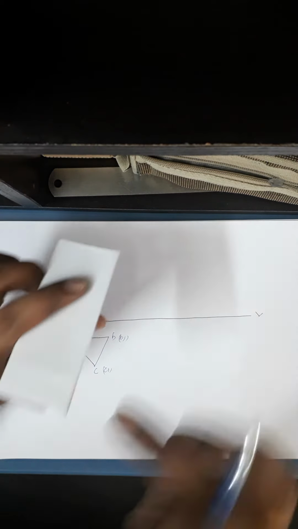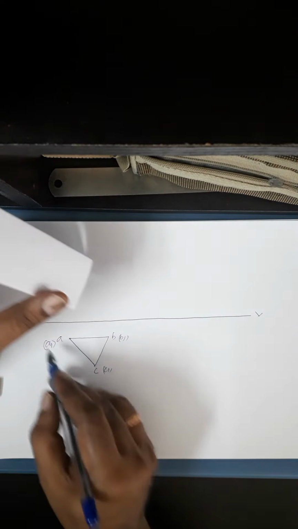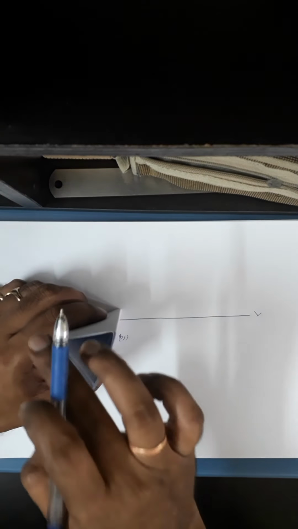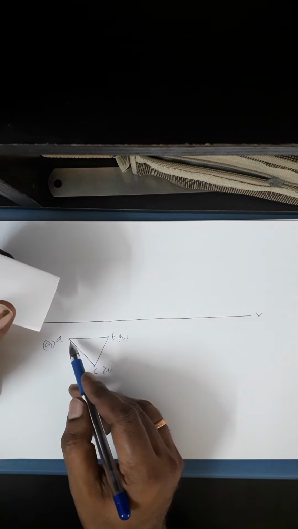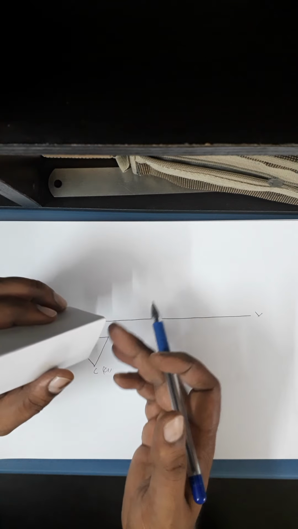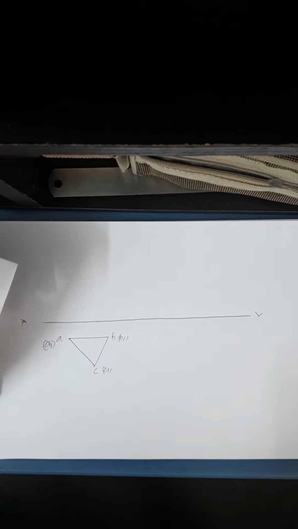Both will be overlapping, so the one on top, which is visible, I have marked without brackets, whereas this base, exactly below it, which is invisible, I have kept in brackets.